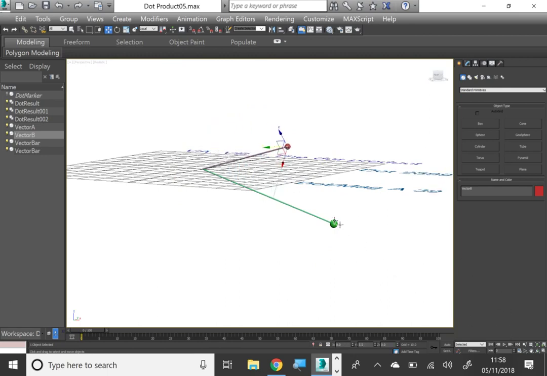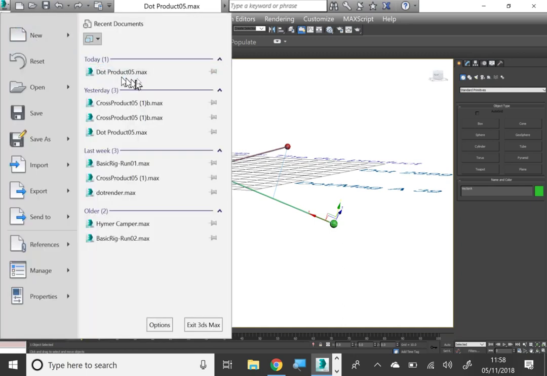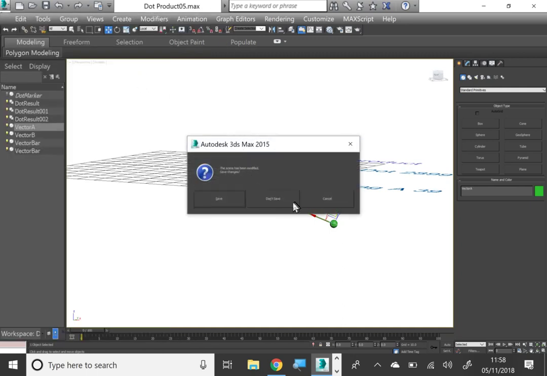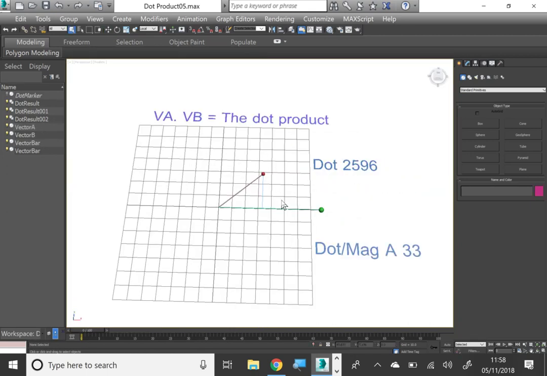So I'm just going to reload it because that'll be quicker. Does this remind you of anything? If I move this, it changes.